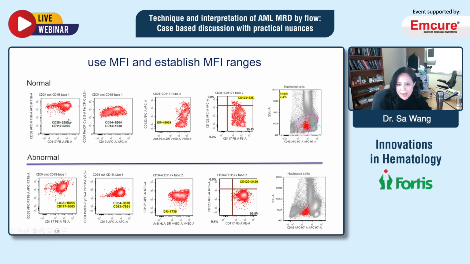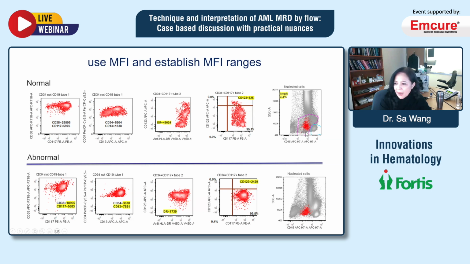Not only do you see the pattern alteration, but when you look at the MFI, for example, this CD13 is already at 7,000, and this CD13 is about 18. Our normal range is less than 3,000. Same with HLA-DR and CD123. For important markers, we not only look at the patterns, but also provide MFI for evaluation.